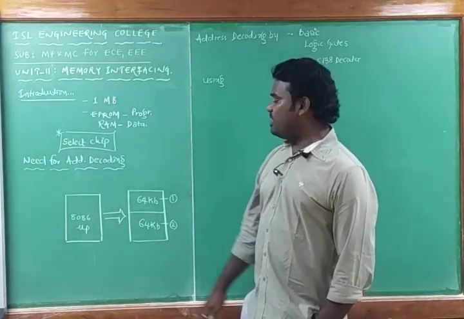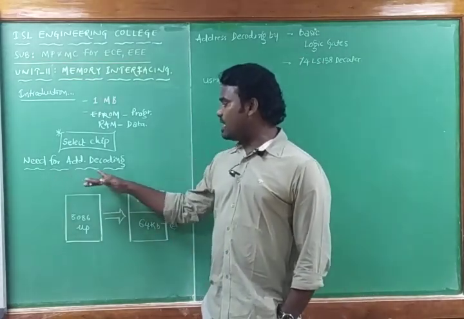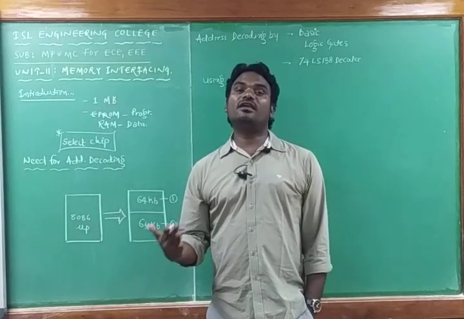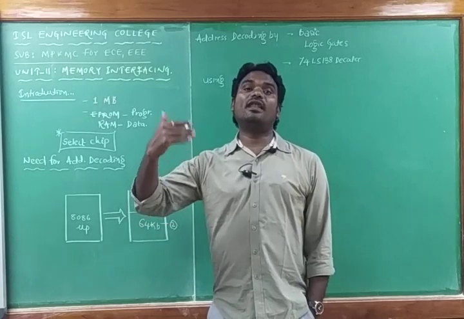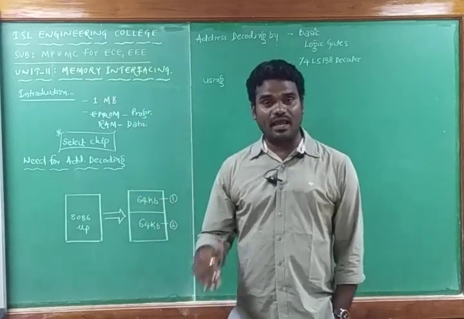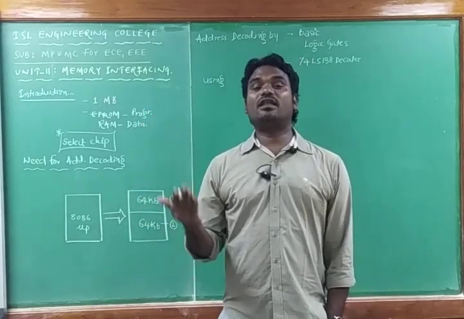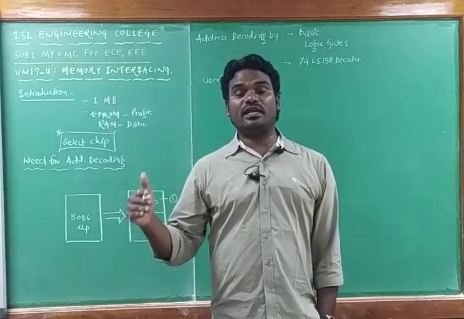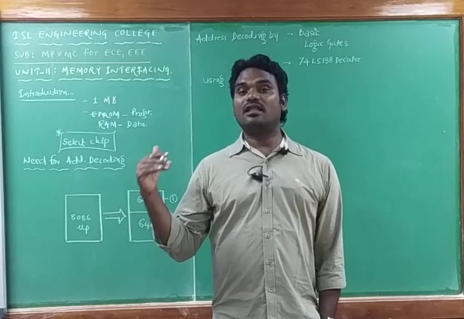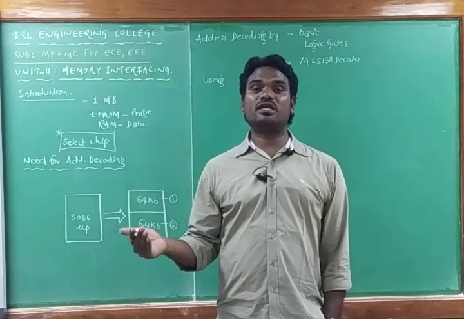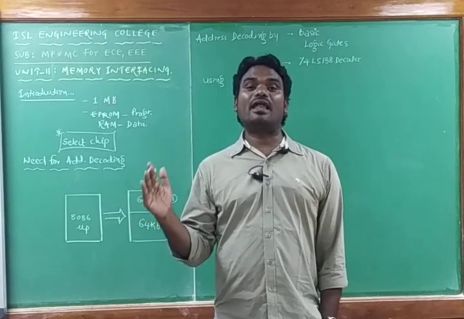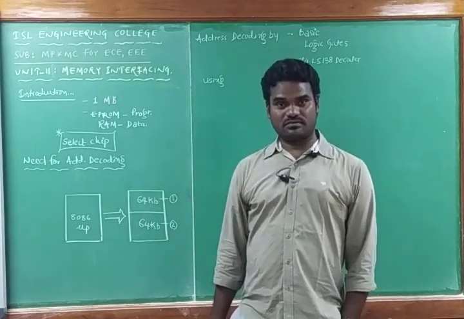Here we are going through the address decoding, because if we have a decoder, for n input signals we can have 2 power n output lines. These 10,48,576 address locations are nothing but the output lines from a decoder.